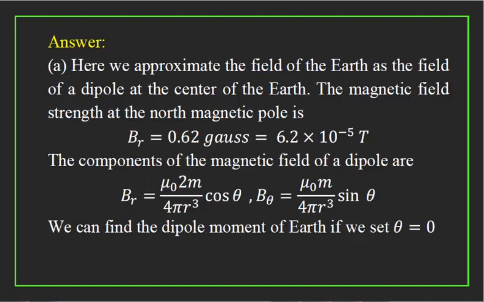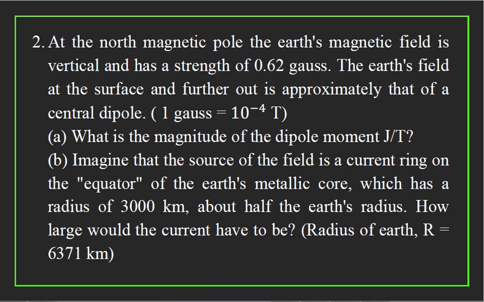Now the second question is, if we imagine the source of this field as a current ring, that is another possibility for the Earth's magnetism. It is due to a current ring on the equator of the Earth's metallic core. The core extends up to a distance of 3000 kilometers from the center of the Earth. If we imagine this magnetism due to a current loop, then what will be the current required?